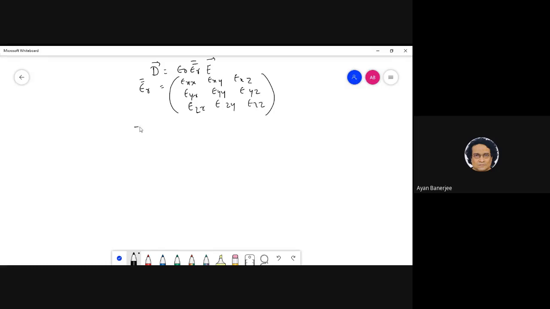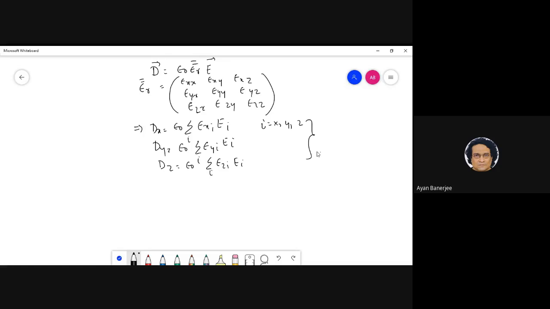So essentially what we have is Dx is epsilon naught summation over I of epsilon xi Ei, where I is xyz; Dy is epsilon naught epsilon yi Ei; and Dz is epsilon naught epsilon zi Ei. This is the crucial part.